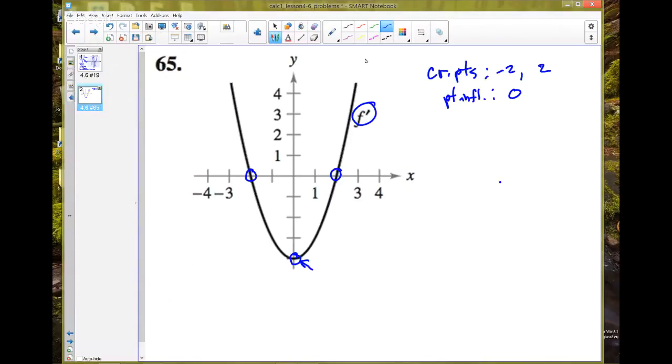Also, if you look at the slope of f prime, you can see that at the first critical point, the slope of that first derivative is negative, meaning f double prime is negative. So that means everything to the left of this point down here on the bottom is concave down.